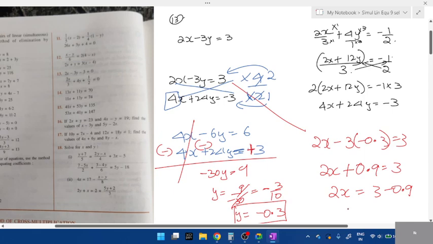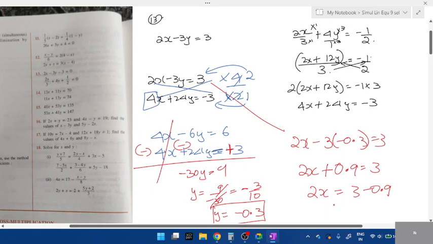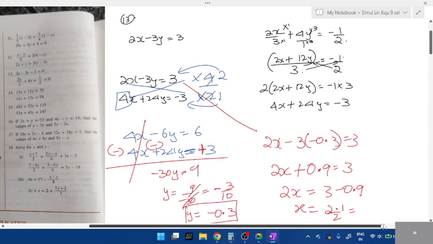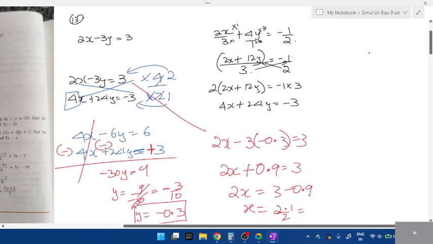Yes, what's the answer? All of you got it till here?